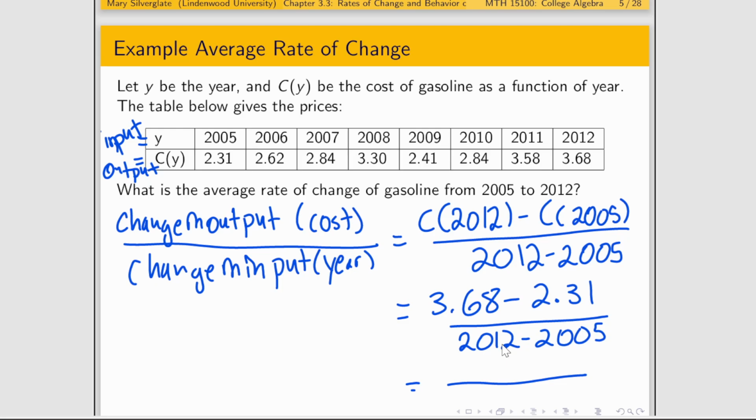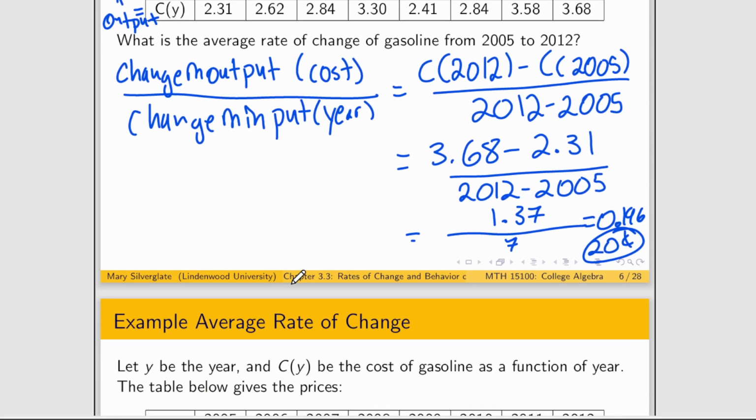Between $3.68 and $2.31, that is a $1.37 increase in gas prices, divided by 7 years, gets us a typical rate of change of 19.6 if we're going to round. So approximately, if we're rounding to the nearest cents, 20 cents per year is the average rate of change of that gasoline.